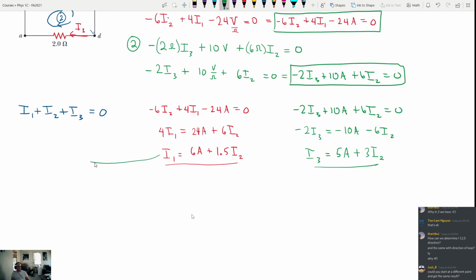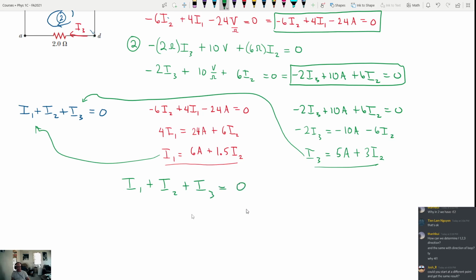Now we should be able to plug both of those in. The I1 can go in for I1, and the I3 can go in for I3. So if we combine them all together using I1 plus I2 plus I3 equal to 0, I1 is 6 amps plus 1.5 I2, plus I2, plus I3 is 5 amps plus 3 I2, equals 0.